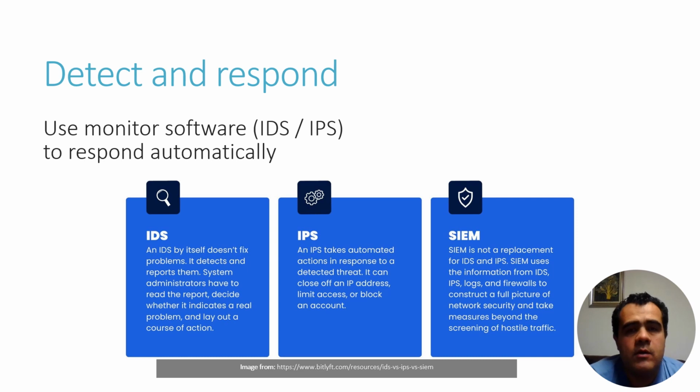Finally, we have some software to monitor the network, like IDS or IPS, intrusion detection system and intrusion prevention system. This software allows us to monitor and respond to some strange behavior in the network. They are very useful, and for some networks are a must because they can help us to improve the security.